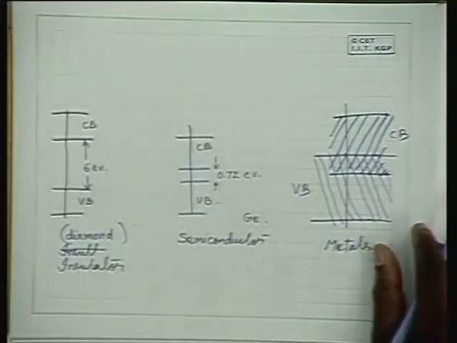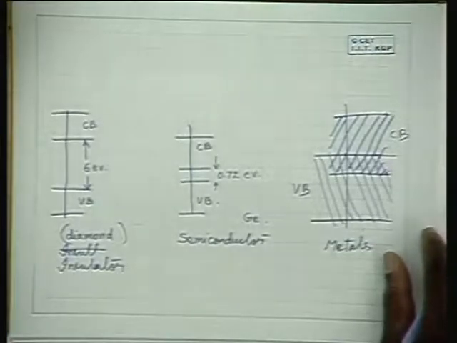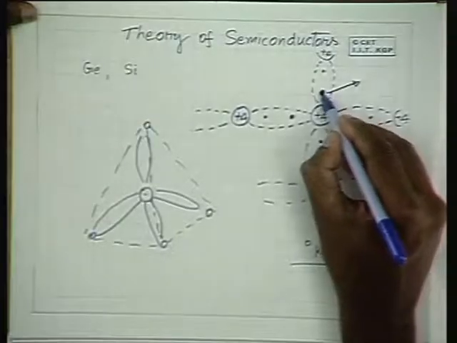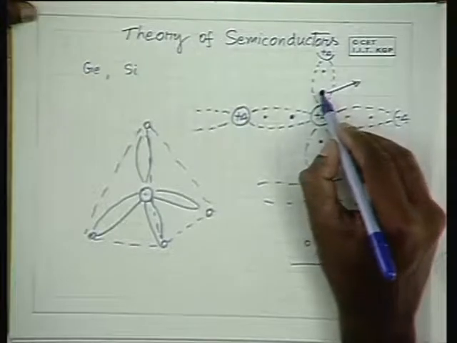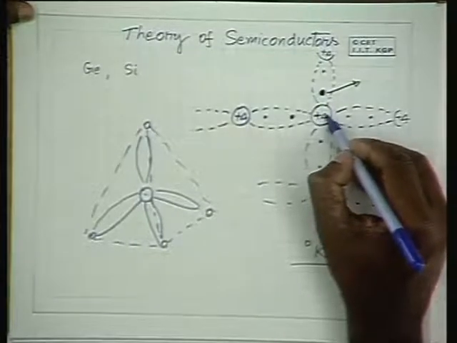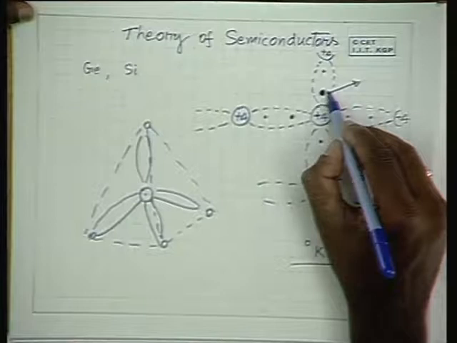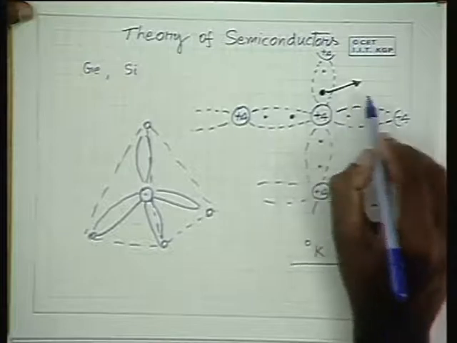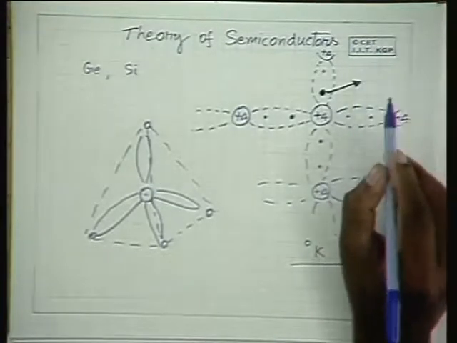Under normal temperature, like 20 to 30 degrees centigrade, an electron which is participating in the covalent bond may get out of the influence of the nucleus and it may appear as a free, unbounded electron.